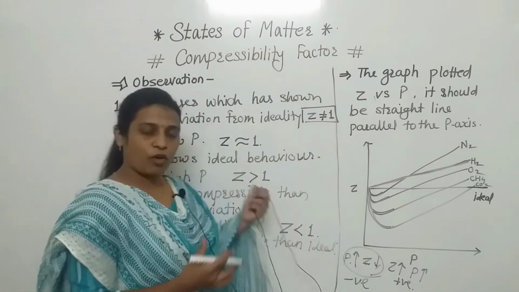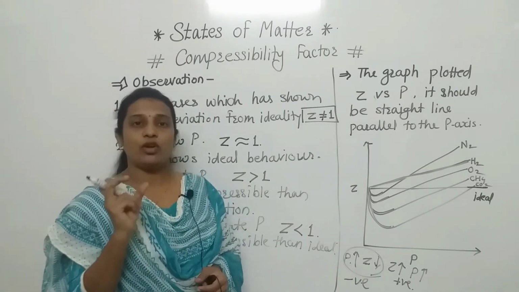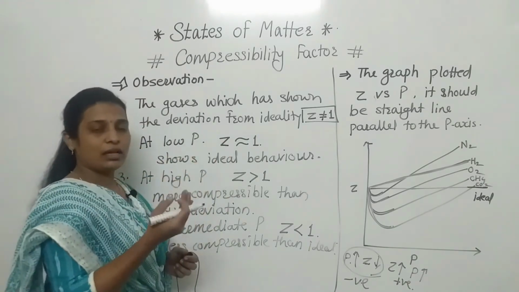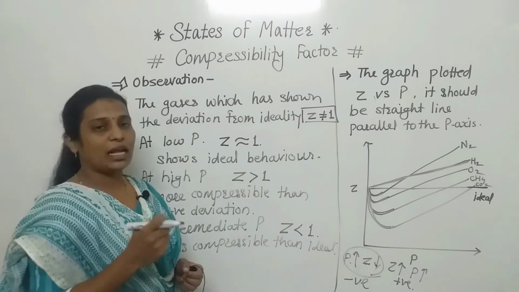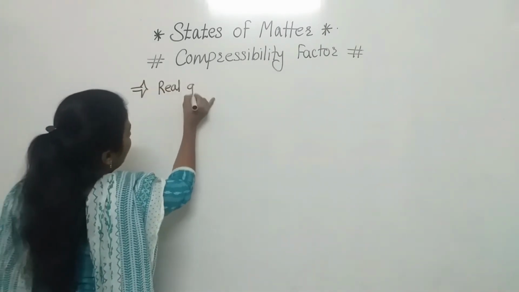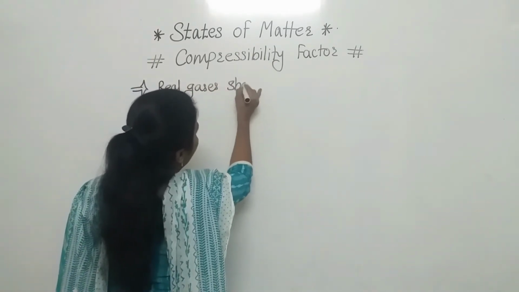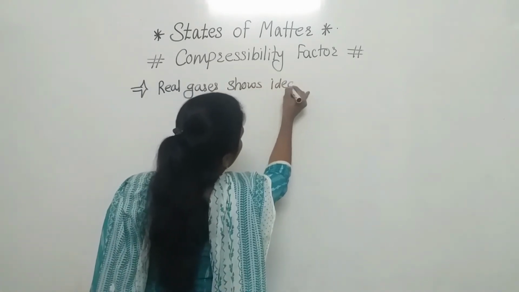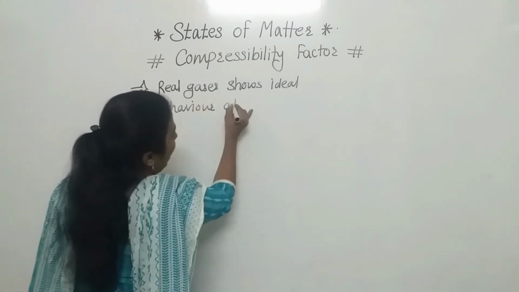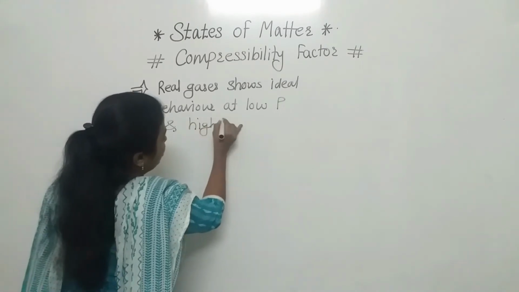As we know, gases show ideal behavior at low pressure and at high temperature. So from that we can write the compressibility factor in another way. These real gases show ideal behavior at low pressure and high temperature.